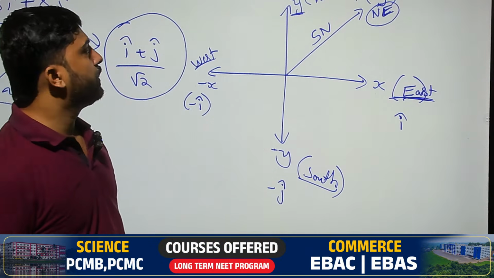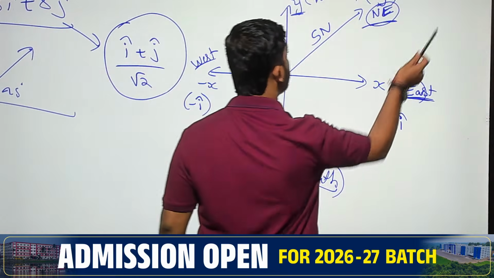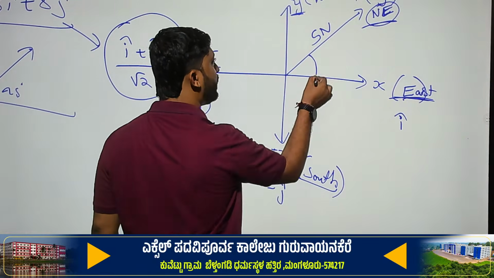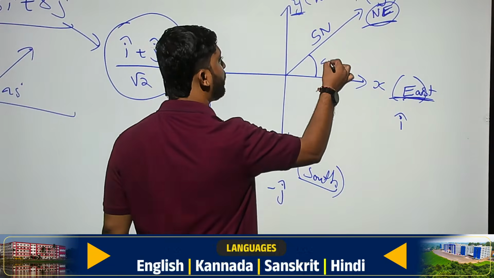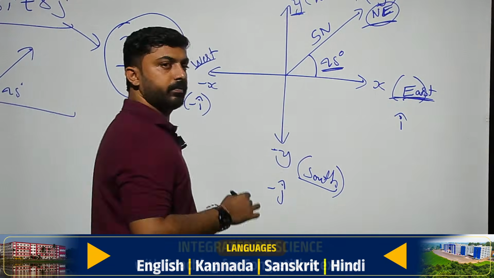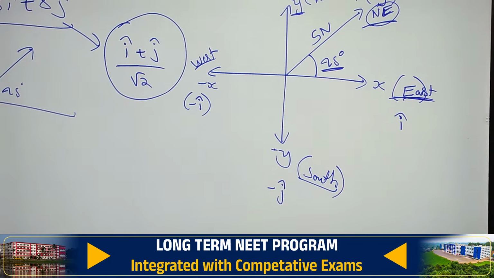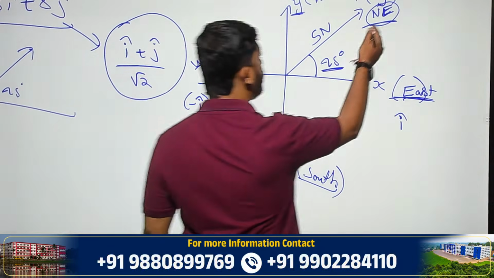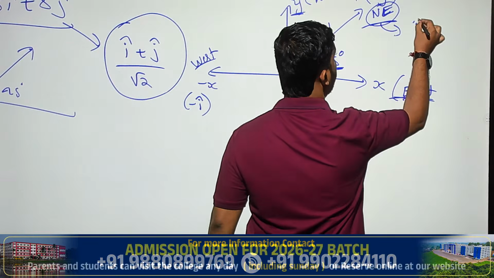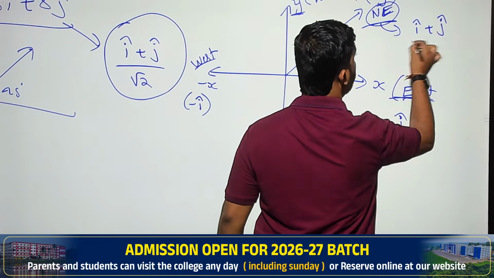Okay, now what is the direction of northeast? You know the angle between northeast and east, it is 45 degree, right? What is the angle between northeast and east? It is 45 degree. So unit vector of northeast is i cap plus j cap divided by root 2.